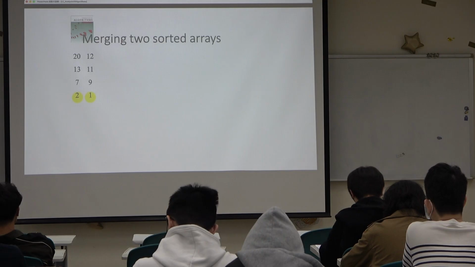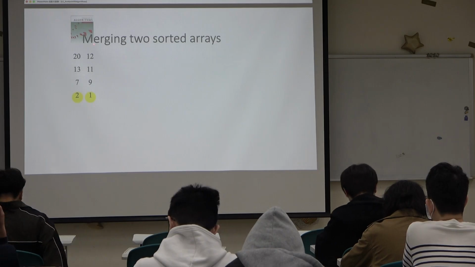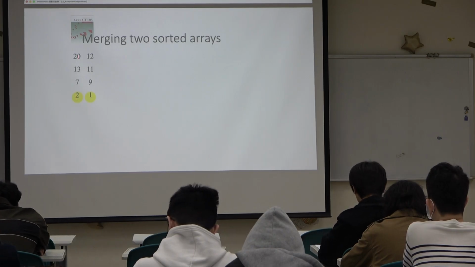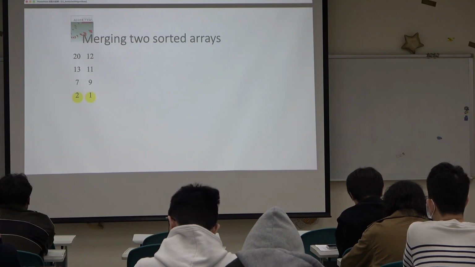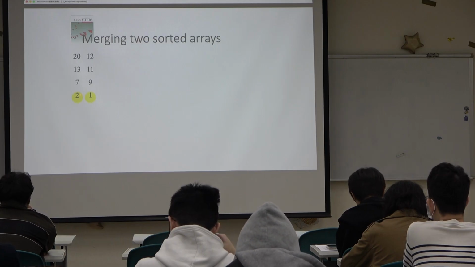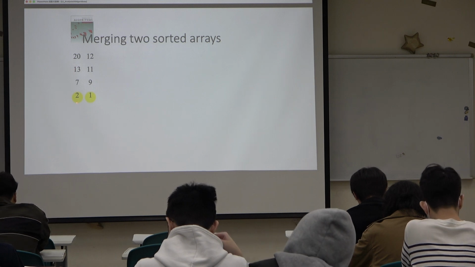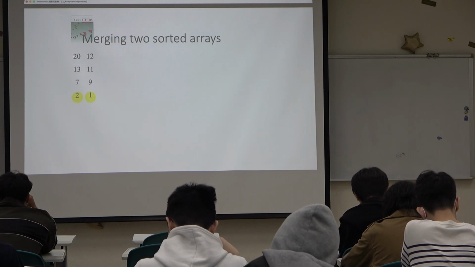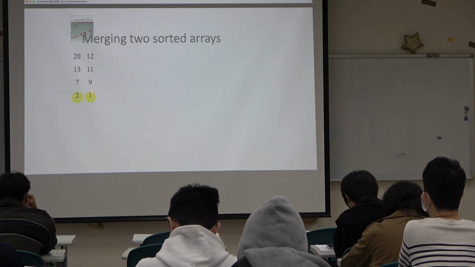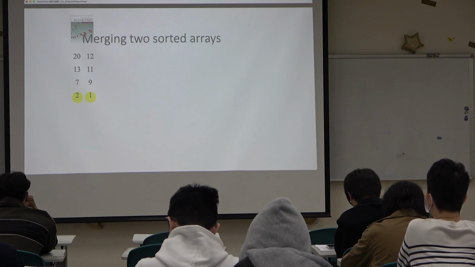Here is the thing. We have these 2 sorted lists, the first one and the second one. The first list is 2, 7, 13, 20. The second one is 1, 9, 11, 12.